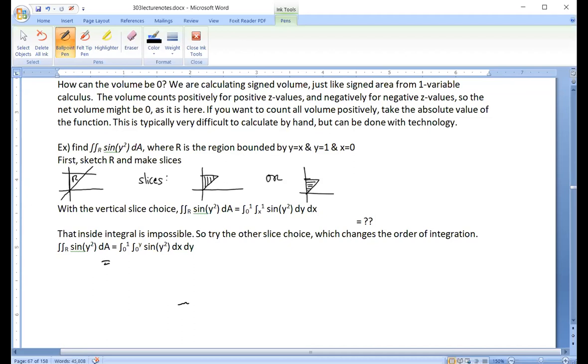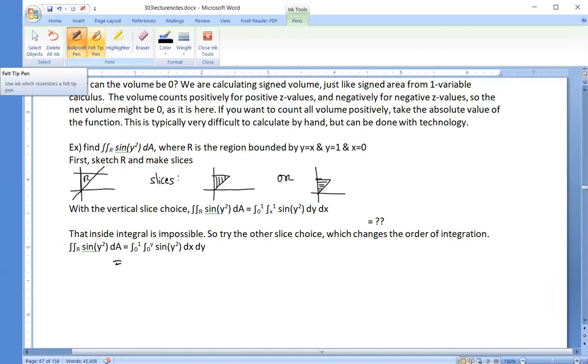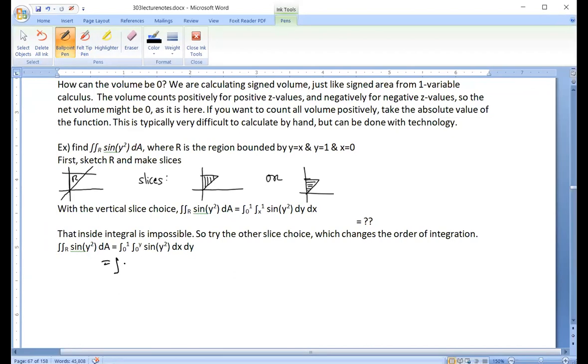So now let's do the integral. How do we do it? The integral of sine of y squared dx, well, that whole thing with respect to x is just a constant. So you just get x times sine y squared, and now we evaluate x from 0 to y.